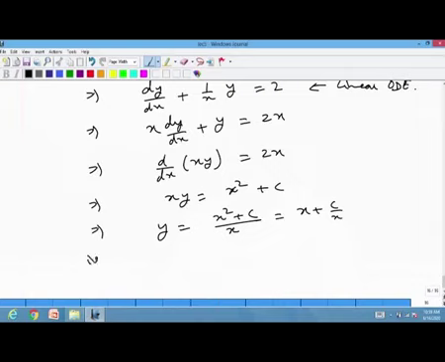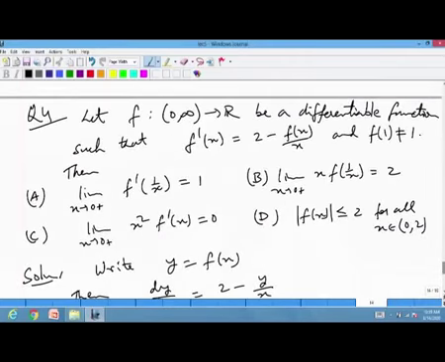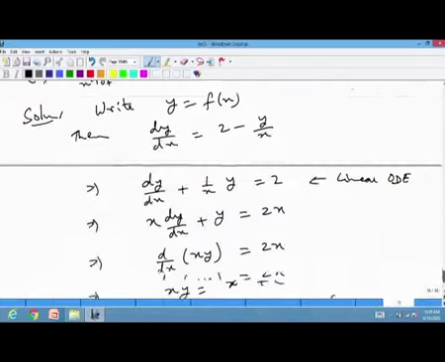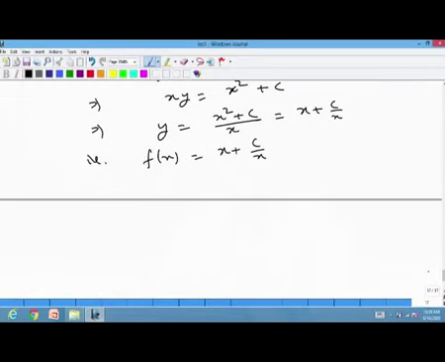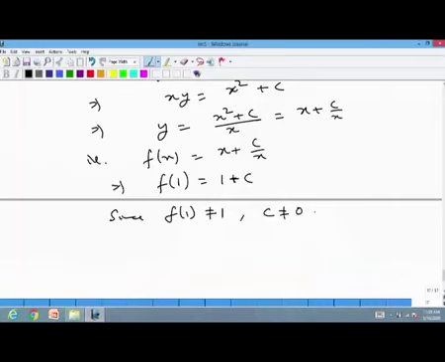So, that is f of x is given by x plus c by x. Now, we are given one more condition that f of 1 is not equal to 1. So, this implies f of 1 is equal to 1 plus c, and since f of 1 is not equal to 1, we get c is not equal to 0.